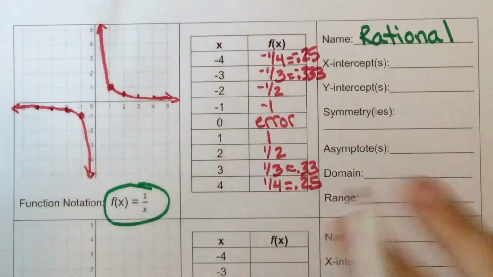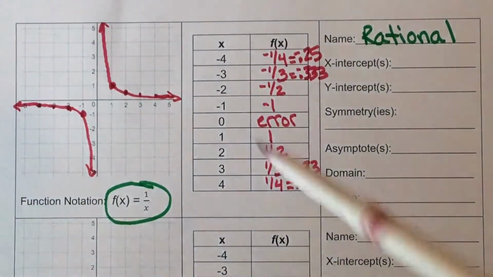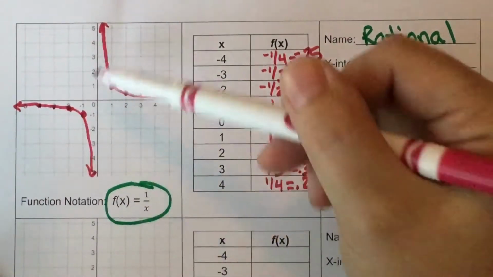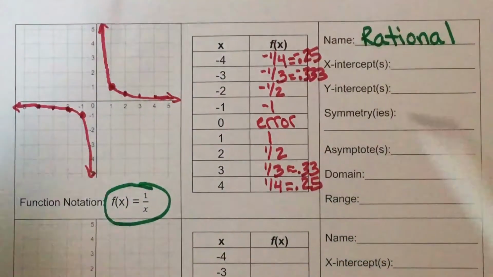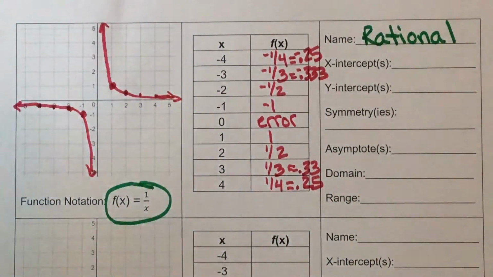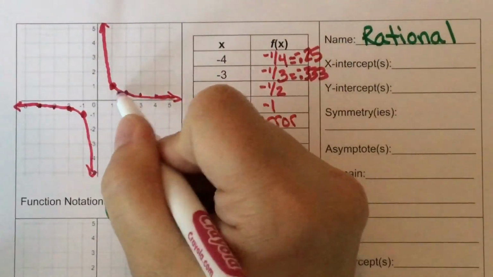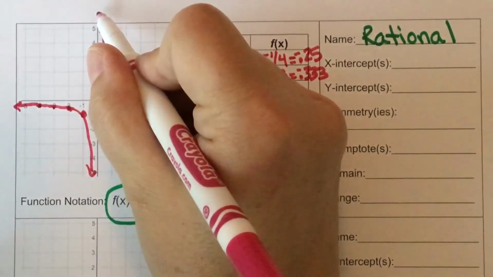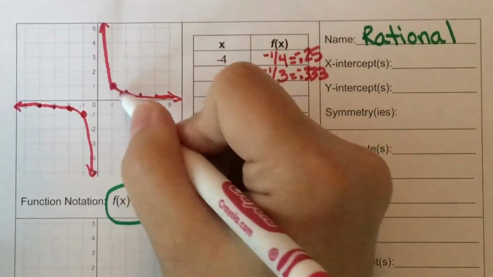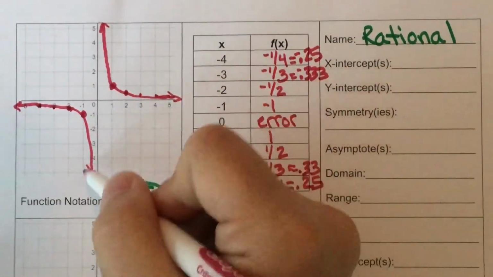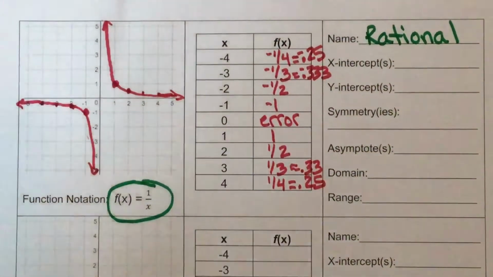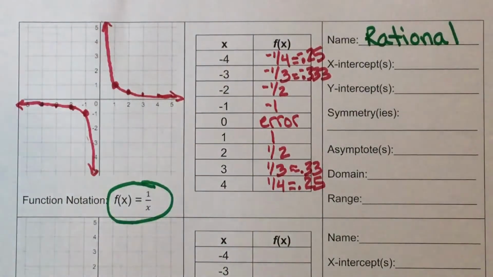Something like that. The x-axis and y-axis are kind of like an electric fence. You can't touch them or you're going to get shocked. So it's getting really, really close to touching the y-axis on this side, and really close to touching the x-axis on this side. Same thing over here, but it's never going to do it. So this is our rational function.